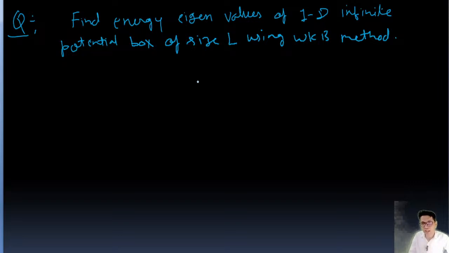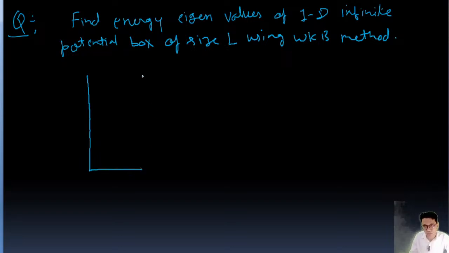I have already explained the energy eigenvalue of the 1D harmonic oscillator. Oh, sorry, the 1D infinite potential box, right? Here we are going to get the energy eigenvalue En with the help of the WKB method. So I'll solve this question with this method.